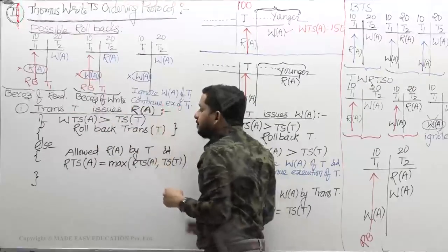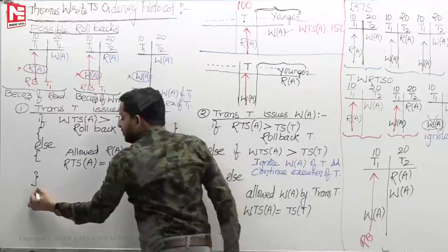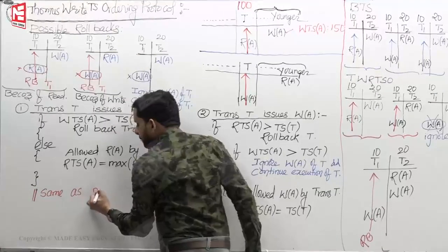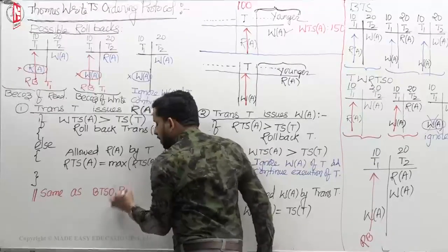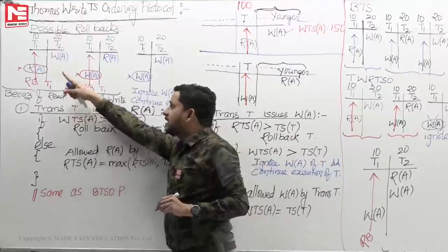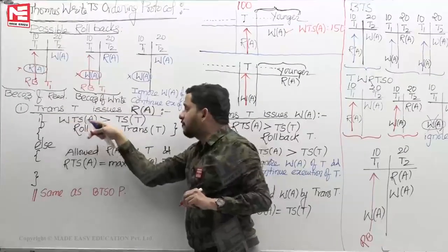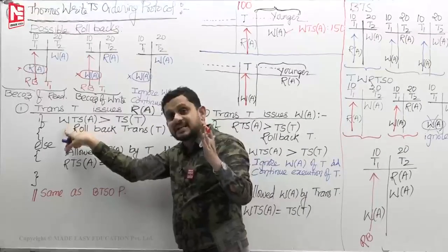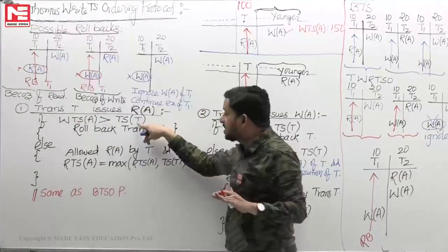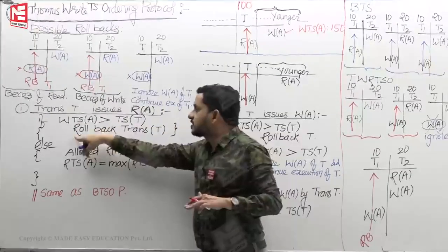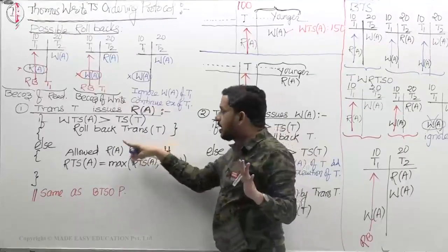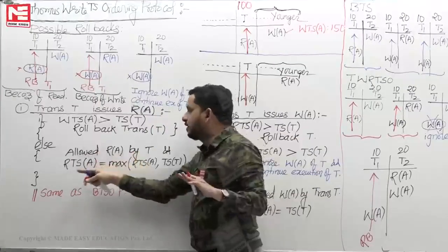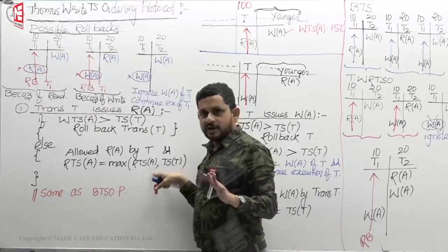This is the same as basic timestamp ordering protocol. If the write timestamp value of A is more than the transaction timestamp value of T, what does it mean? The younger transaction already did the write, then the older transaction T requesting for read causes rollback. Same thing. If the younger is not done the write, then the older requesting for read is allowed to read, and set the timestamp value. This is the same.